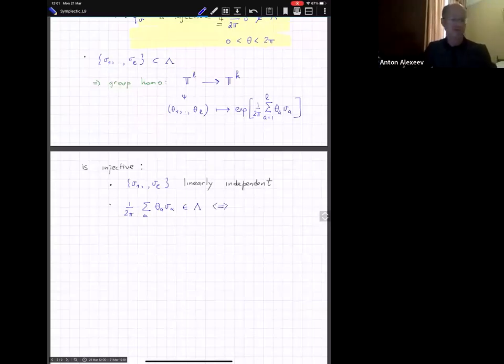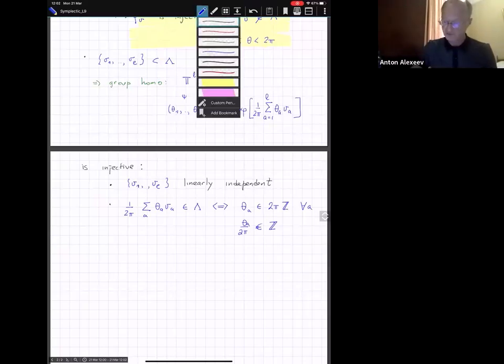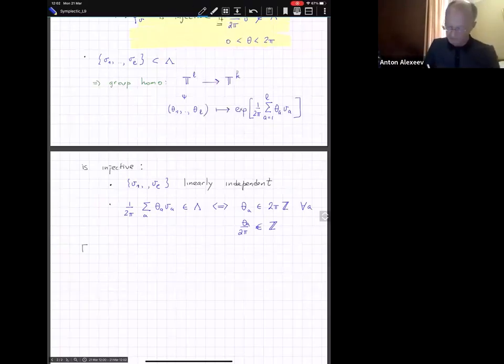It should be equivalent to all thetas to be in 2 pi Z. Or, of course, maybe it's a bit more elegant, theta over 2 pi in Z. Let me give you examples, and we'll see how it looks like.